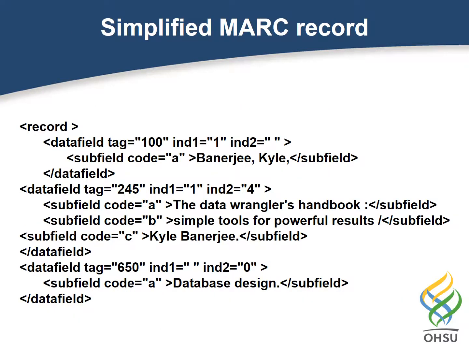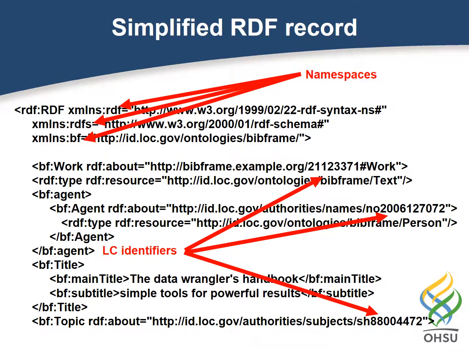Let's go back and take a look at what a record might look like in RDF. What I have is a MARC XML record, or a portion of one, where you have your 100 field, your 245 containing a title, and a subject field. When we look at the RDF record, we will see that we have identifiers.